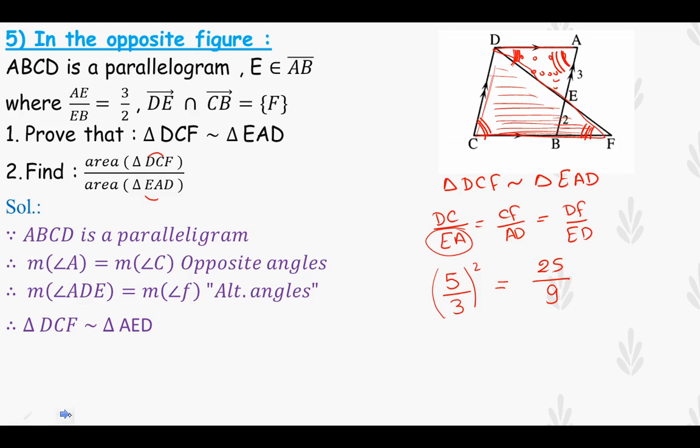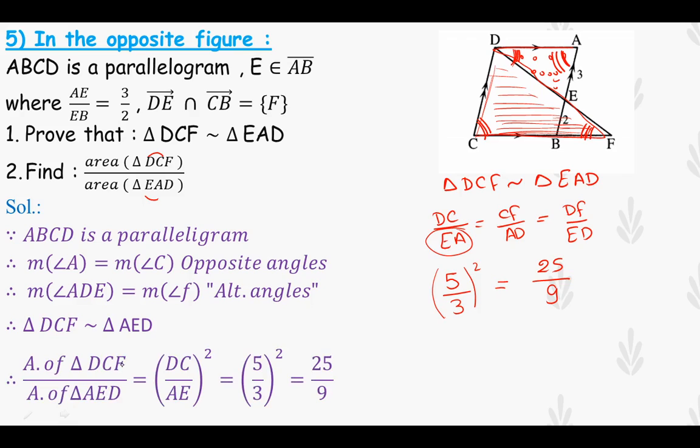The area of triangle DCF over the area of triangle AED is equal to the square of the ratio of two corresponding sides. I choose DC and AE, and this equals 5 over 3 all to the power of 2, which equals 25 over 9.